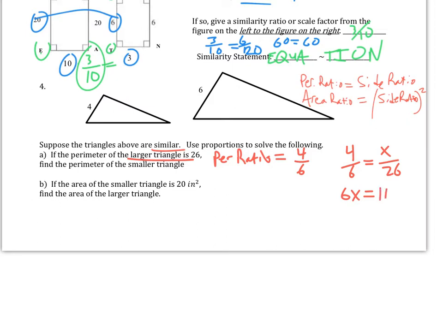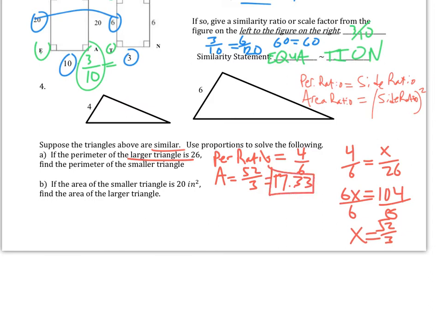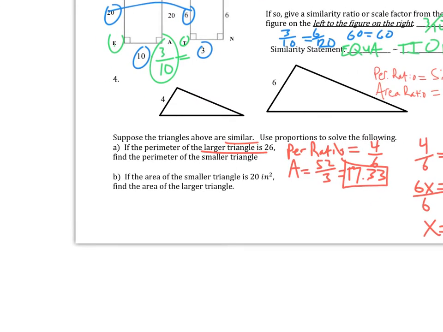That's 104, of course. All right, and then we divide by 6, and so our actual area is 52 thirds. So the area is 52 over 3, which is 17.33.